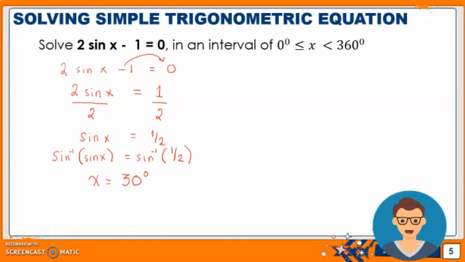In doing so, identify where the sine function is positive. Why is the sine function positive? Because here, 1/2 is positive. Again, we will use the concept of the signs.